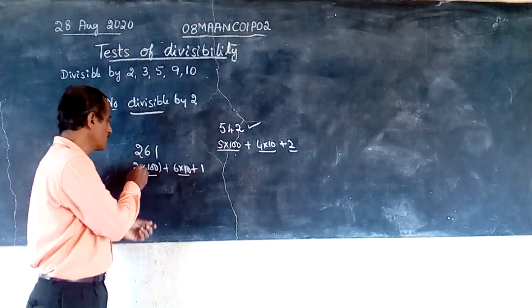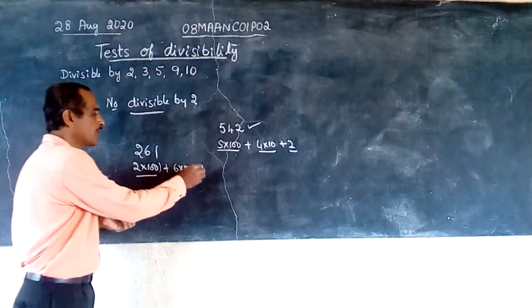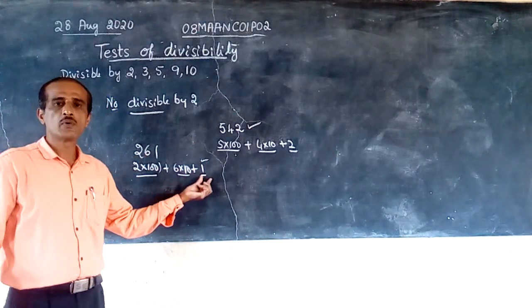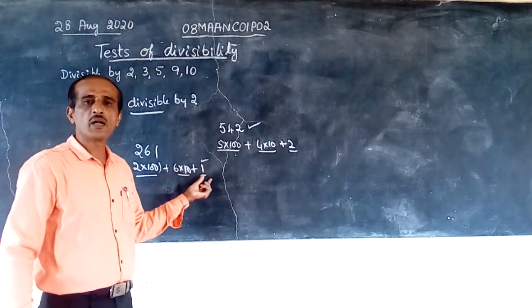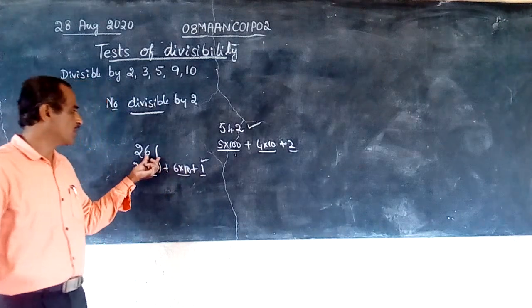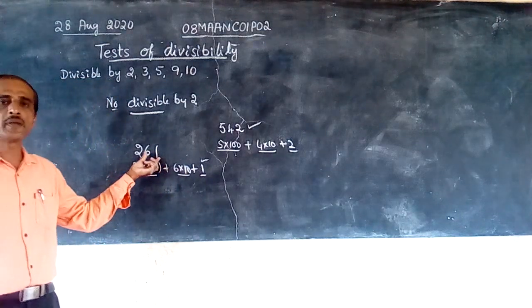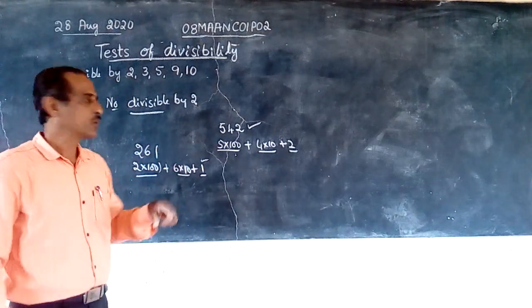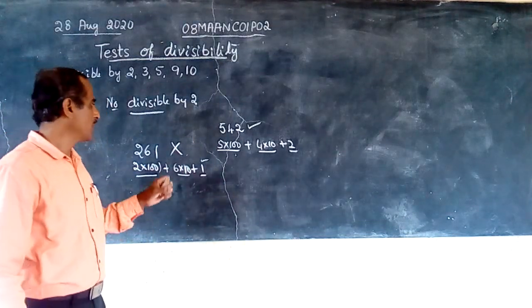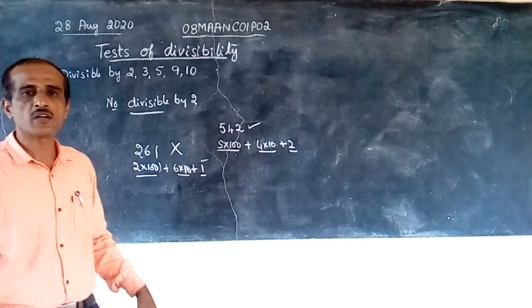This 260 we can divide. Then one more remains, that is 1. Is 1 divisible by 2? No, we can't divide 1 completely by 2. We will get a decimal. Therefore, 261 can't be divided by 2. We can say this 261 is not divisible by 2.